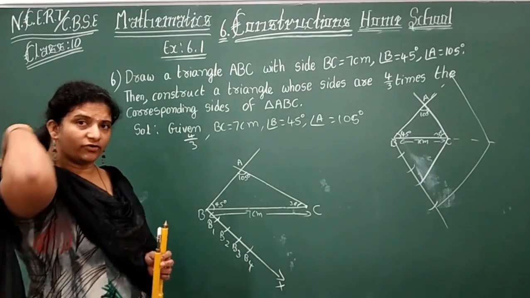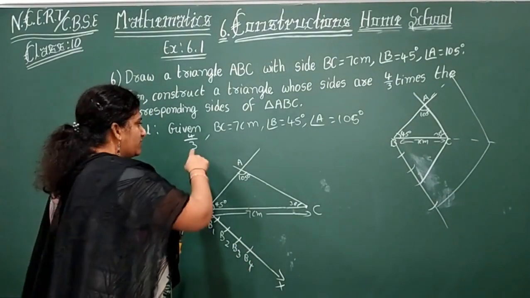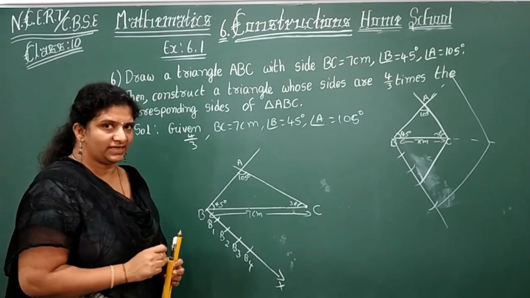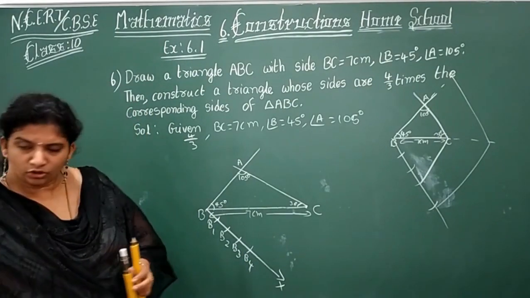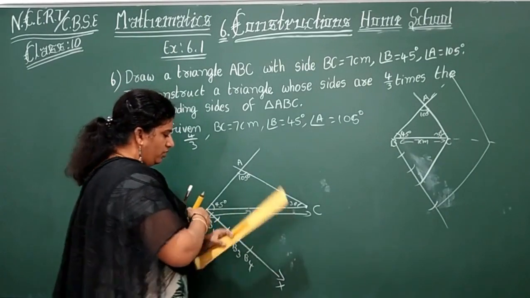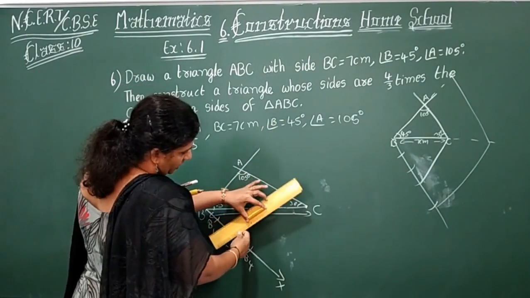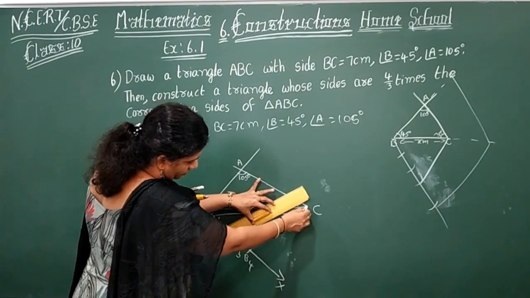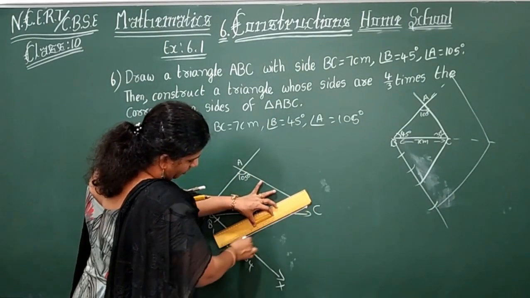Now, what is your next step? Observe the denominator, what do you have? 3, children. From 3 to join. From 3, where is B3? This is B3 to the other end point.